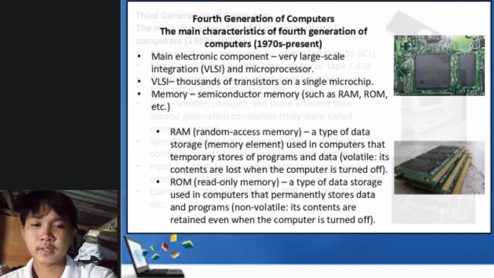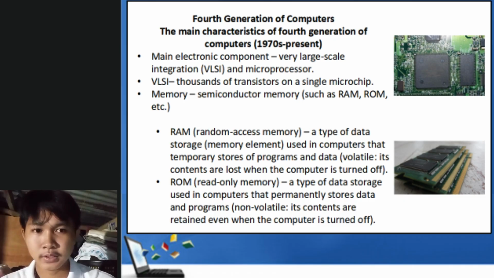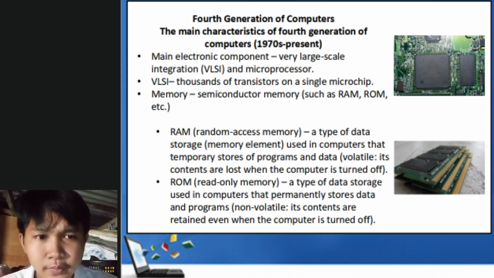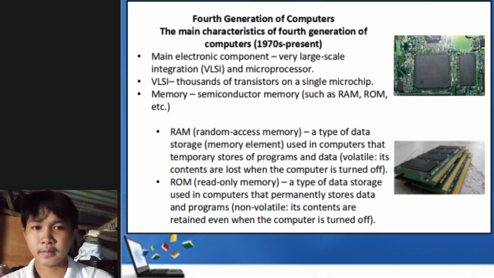Then next is the fourth generation of computers. The main characteristics of fourth generation computers, from the 1970s to the present: main electronic component, very large scale integration, VLSI, microprocessor. Thousands of transistors in a single microchip.